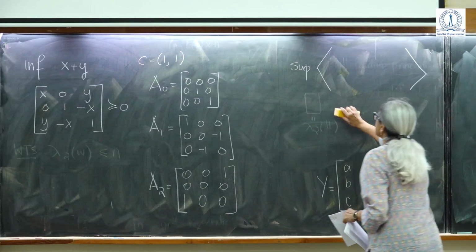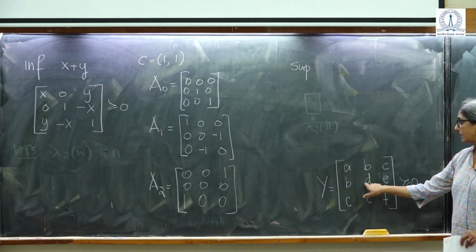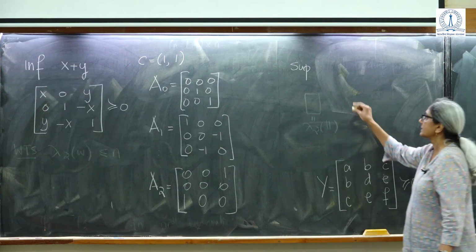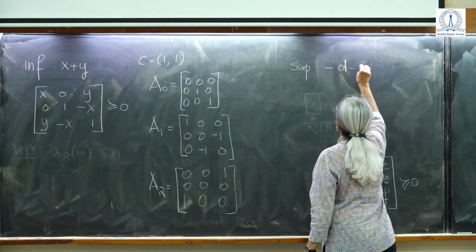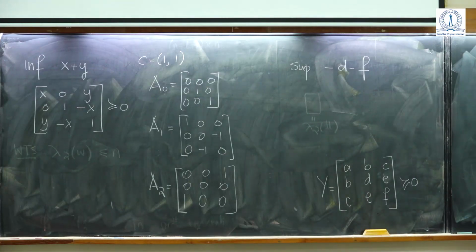So this is minus A0 dot Y, which is minus d minus f. That's the objective. Please ask if you're confused. Is that clear?